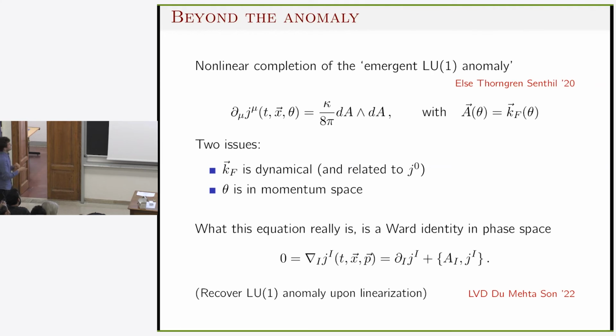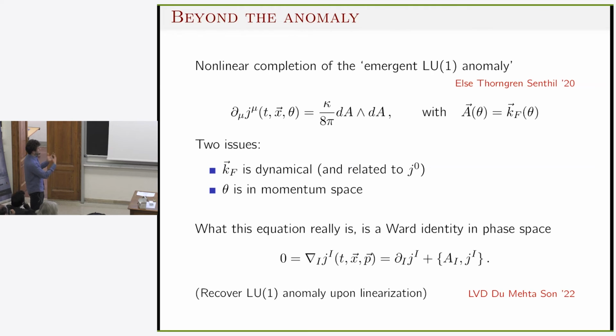And another thing that might make you uneasy is that in this 4D chiral anomaly, one of the components is in momentum space. Again, we know that phase space has a different structure than just regular space. And so what we find is that actually this equation is really a linearization of a kind of non-abelian Ward identity in phase space.